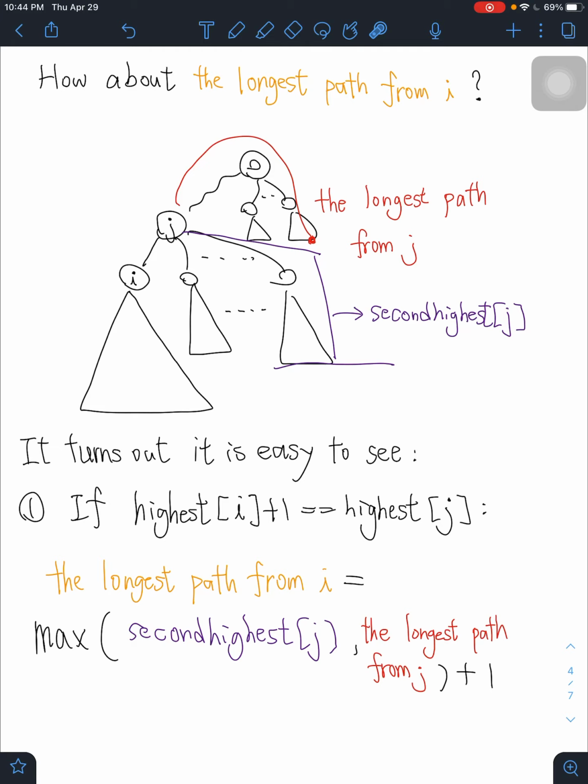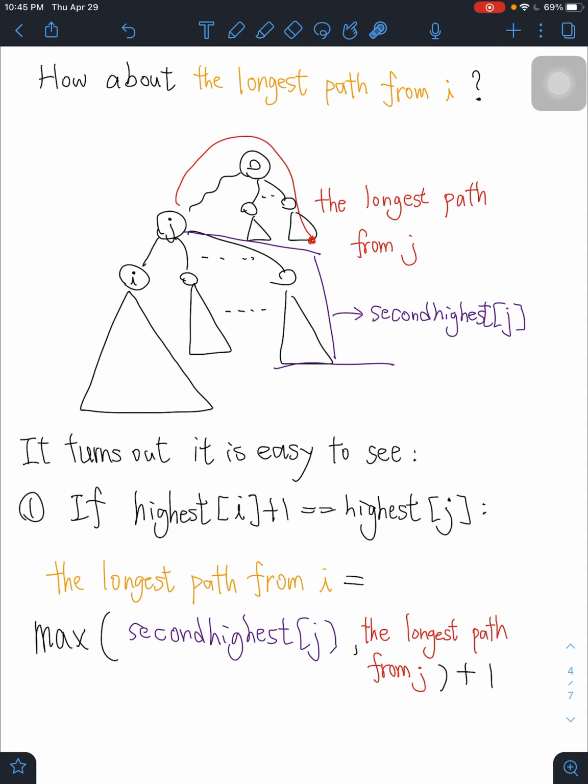So the longest path from I should be max over the second highest J and the longest path from J, because we already know that the path from J passing through I to its descendants will give us the highest.